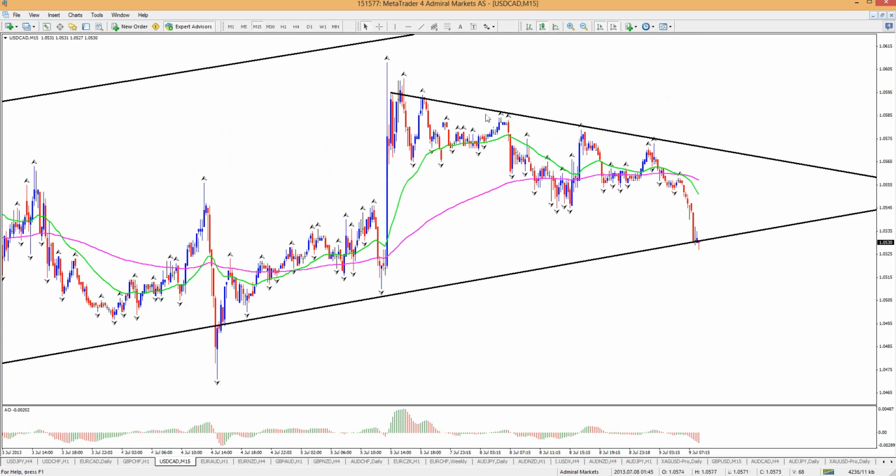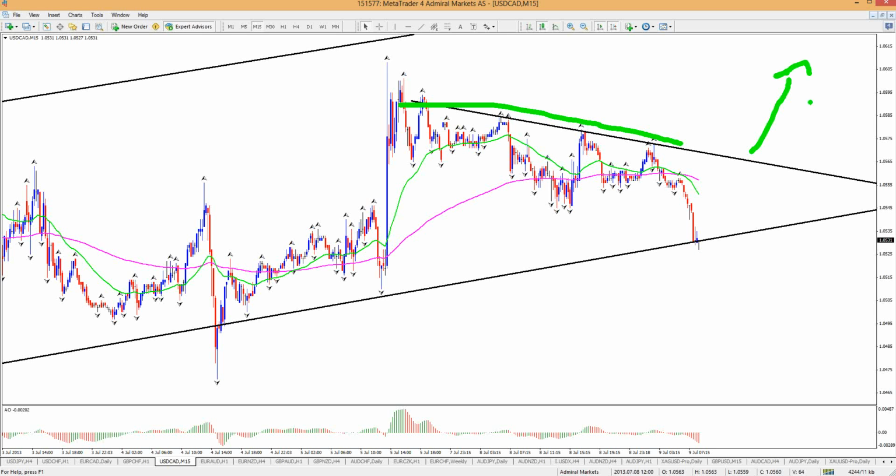And if you put a line on these tops, that looks pretty cool actually. I like it. A break of this line would be nice for that upside continuation to 106.50. So a break of that trend line is awesome.